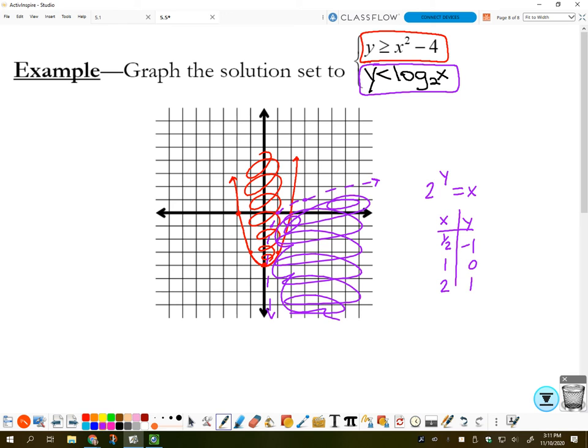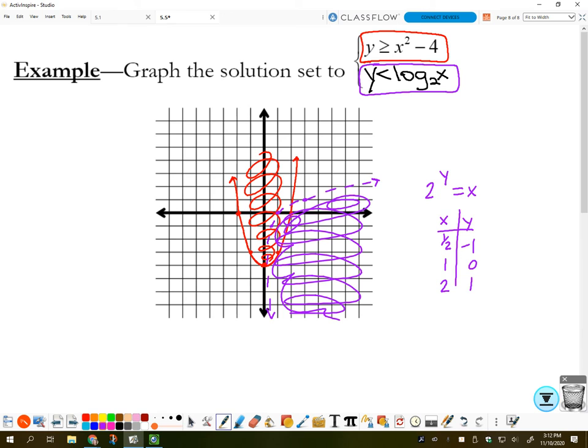All right, again, if you pick a test point, you can pick 0, 0. If I do log base 2 of 0 in my calculator, is that going to be greater than 0? Well, you can't take log of 0, right? Because the guts of a log have to be a positive number. So you know that can't happen. So 0, 0 is not in its solution set. So it's got to be the other side.